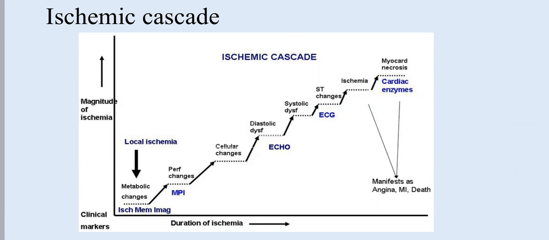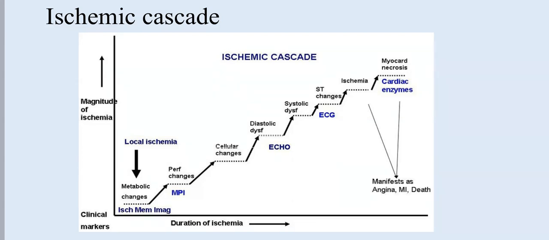Initially, when we have ischemia, there are molecular and perfusion problems that take place at the cellular level. This will end up inducing diastolic dysfunction, then systolic dysfunction, then ST-T changes, then the clinical manifestations of ischemia, like angina and MI, chest pain in particular.